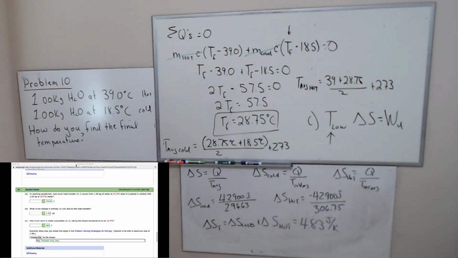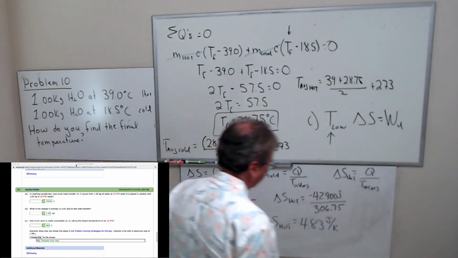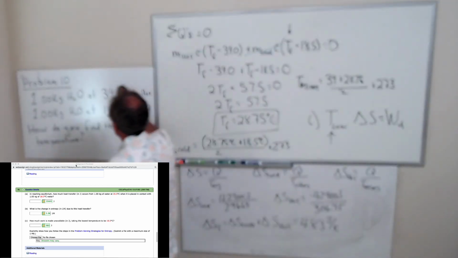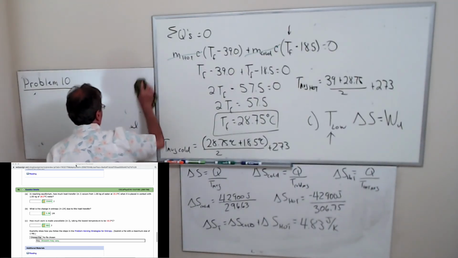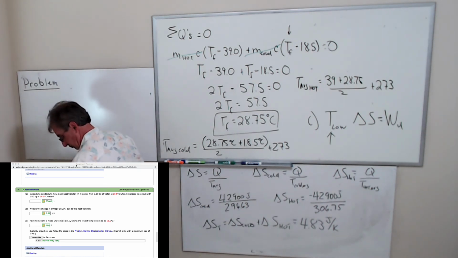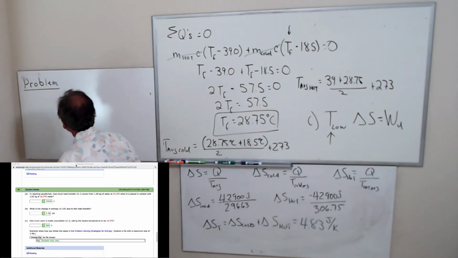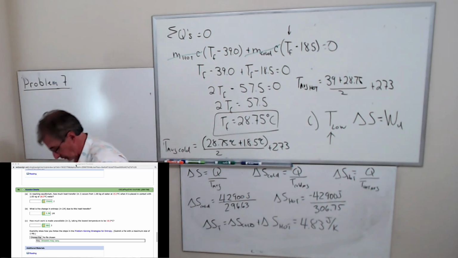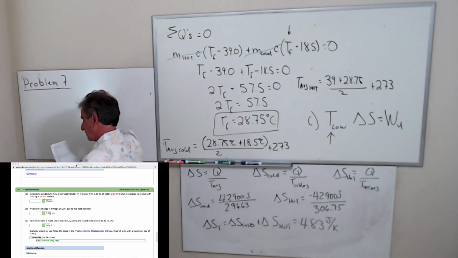Let me do one more problem then. I'll look at number 7. Okay, it's not a long one. So number 7 says, suppose you have an ideal refrigerator.